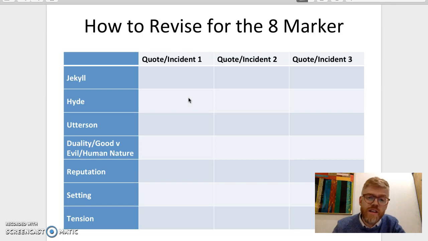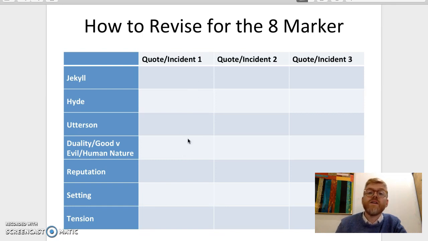I should also just say that while it looks like there's lots and lots of different things that you would have to remember and to revise, what you should ideally be doing is looking for quotes or incidents that work on more than one of these lines. So, for example, a quote or an incident that helps us to understand the duality of human beings would also potentially work for Jekyll.